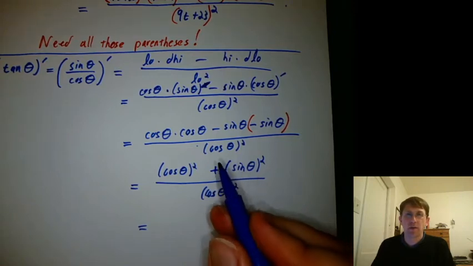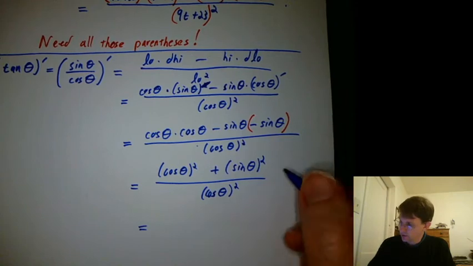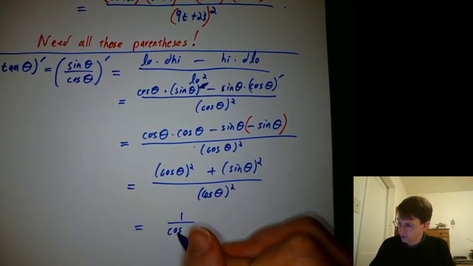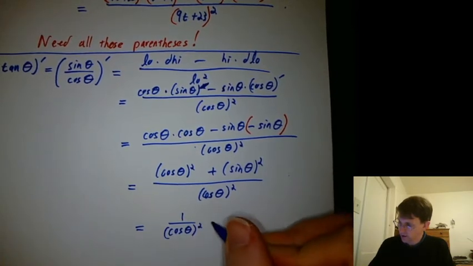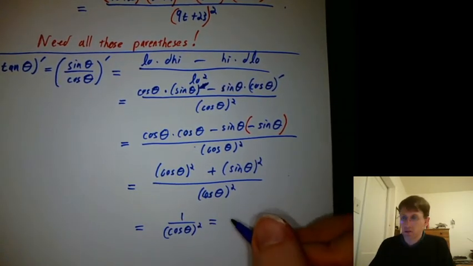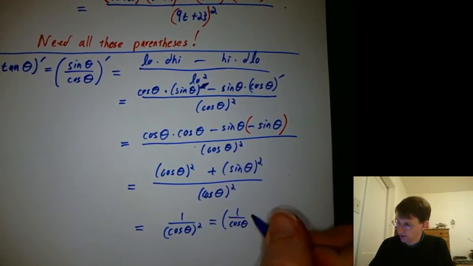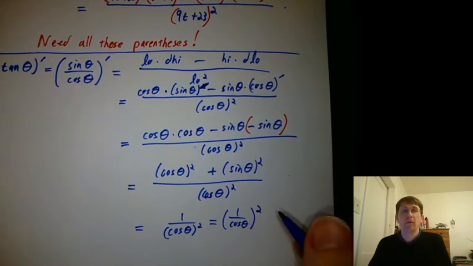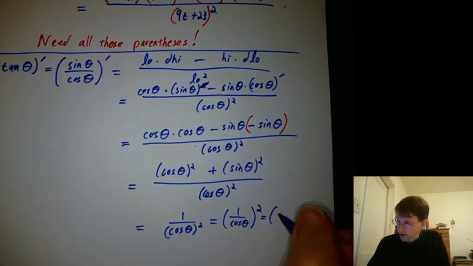And you might remember that sine squared plus cosine squared equals 1. So you can write this as 1 over cosine theta squared. Perfectly good answer. You could also write it as 1 over cosine theta as a fraction and square that. And you might remember that there's a special term for 1 over cosine theta: secant theta.